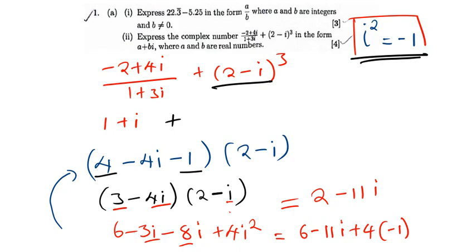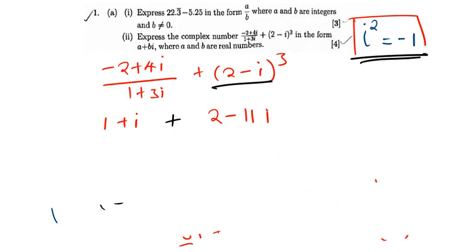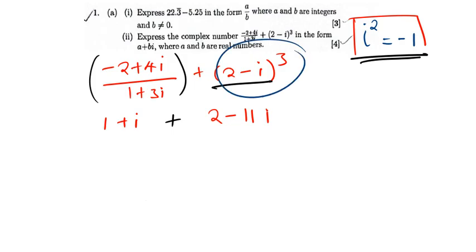So we have 2 minus 11i. So you've seen, each time you have something dividing, before you think of doing anything with other given parts, take it individually, divide it by multiplying by the conjugate, and then also simplify this part and then bring them together to be easy.